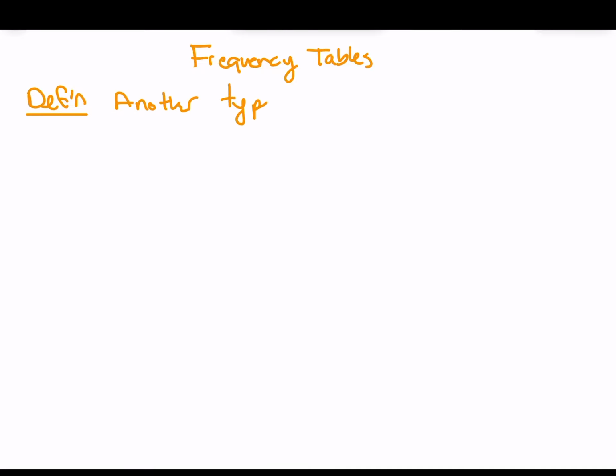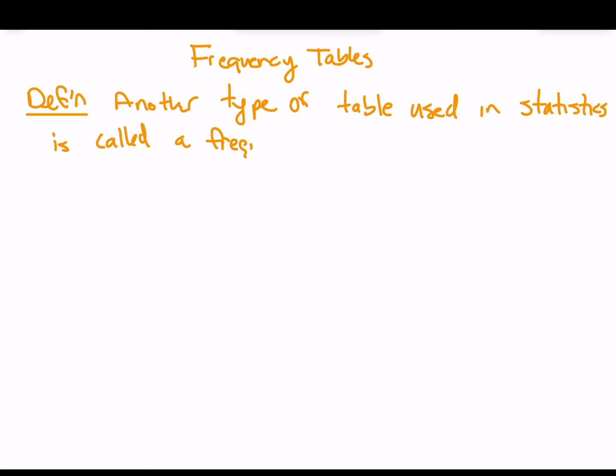Another type of table used for statistics is called a frequency table, or frequency distribution.